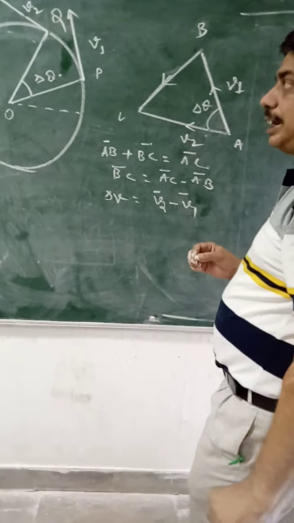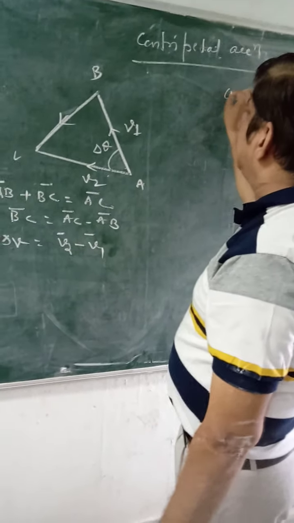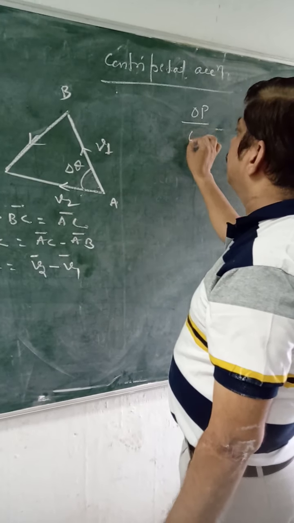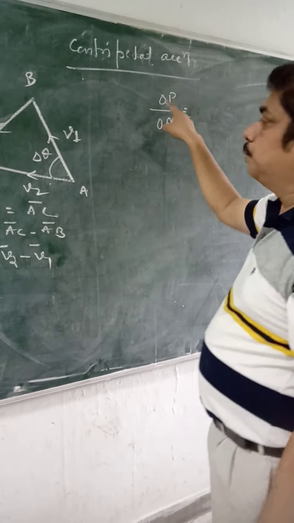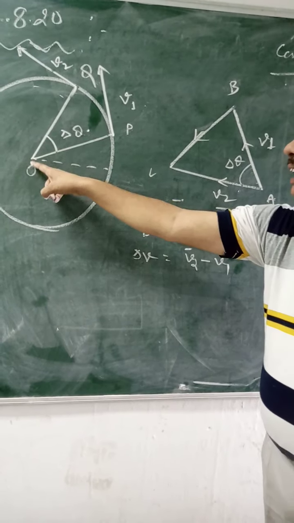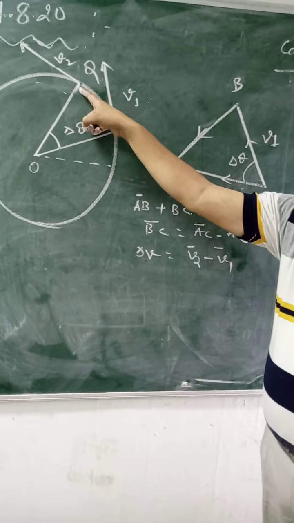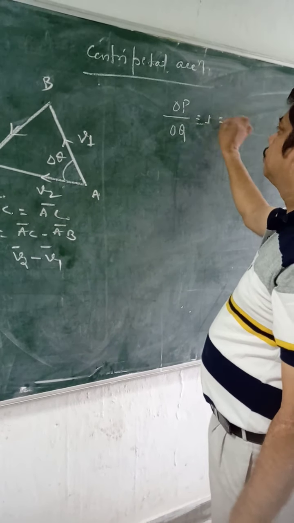Now we have two triangles, POQ and BAC. In these two triangles, first is OP by OQ. OP is what? Radius, and OQ is what? Radius. So the ratio of these two is equal to 1.